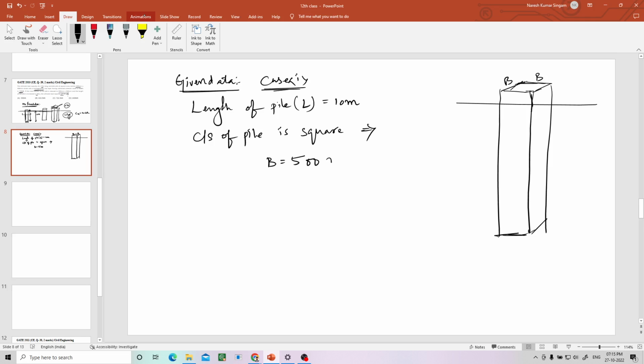This is case 1, 500 mm, that means 0.5 meter.